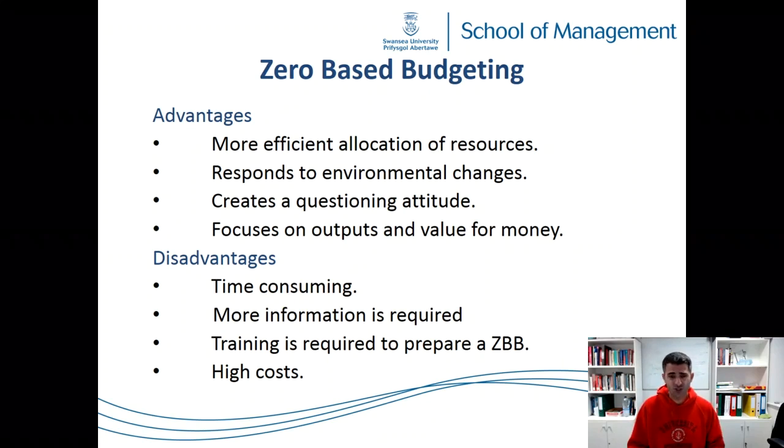Again, can you see how time consuming that is? Can you see the high cost involved there? Can you see how much information we need for this? Again, all these are disadvantages of zero-based budgeting.